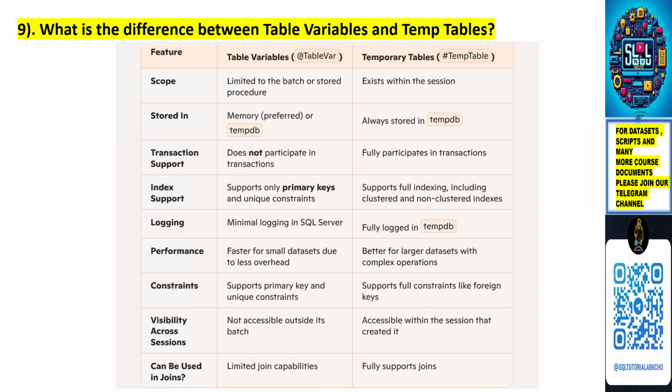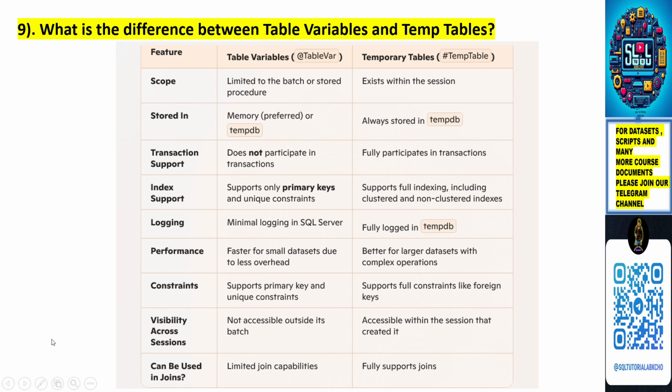According to constraints, a table variable supports primary key and unique key constraints, whereas a temporary table supports full constraints like foreign keys. According to visibility across sessions, a table variable is not accessible outside its batch, whereas a temporary table is accessible within the session that created it. And the last one, can be used in joins: a table variable has limited join capabilities, whereas a temporary table fully supports joins.